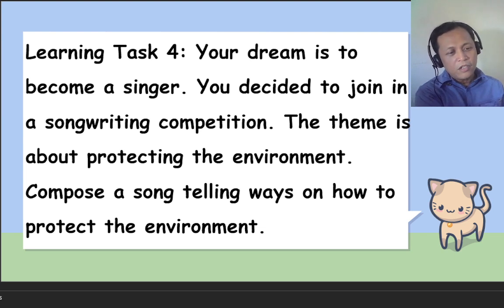Compose a song telling ways on how to protect the environment. Now, this is another way of presenting information. This is through song. You are going to write a song about protecting the environment, and the song must tell ways on how to protect the environment.